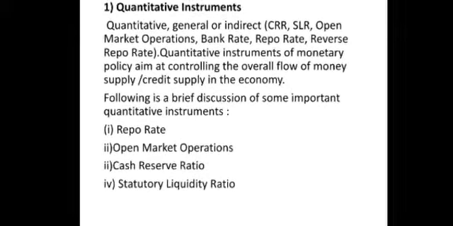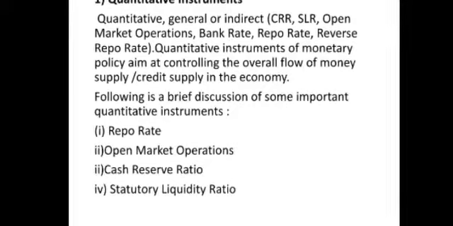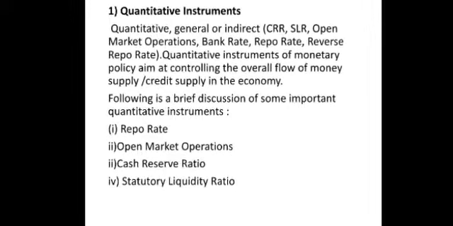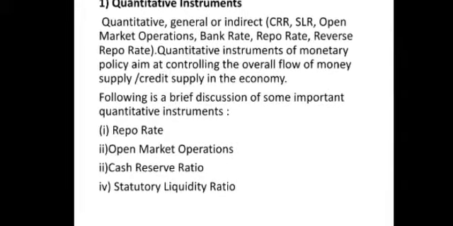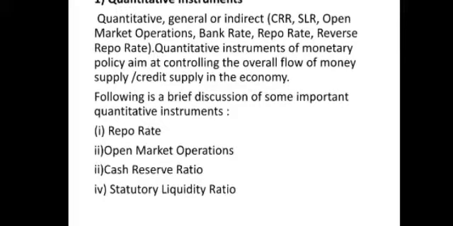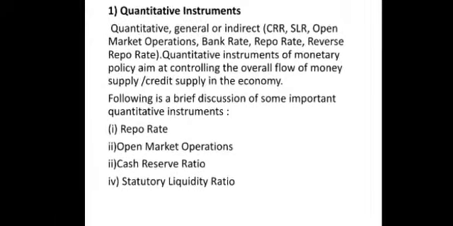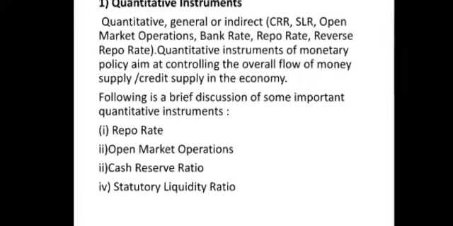Number 4, statutory liquidity ratio. It refers to the ratio between liquid assets and total assets of the commercial bank. The commercial banks are required to maintain a minimum statutory liquidity ratio as fixed by the central bank from time to time.